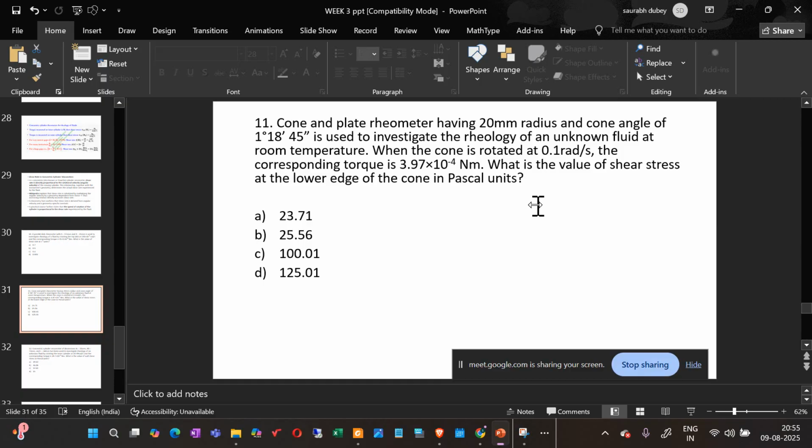The corresponding torque is 3.97. What is the value of the shear rate at the lower edge? So what is the difference between the question that we have already solved and this one? One is the radius of the cone, right?